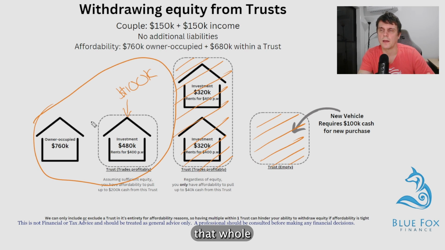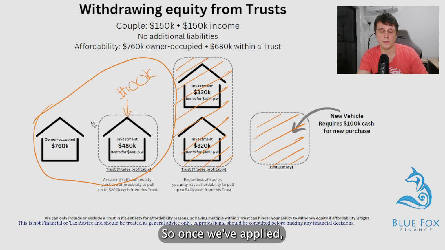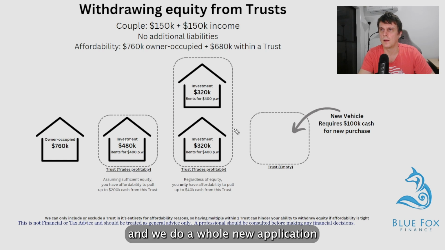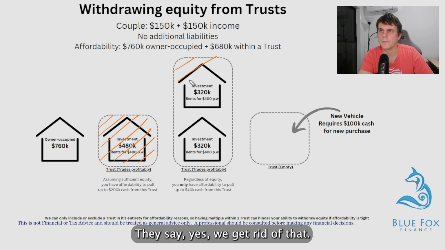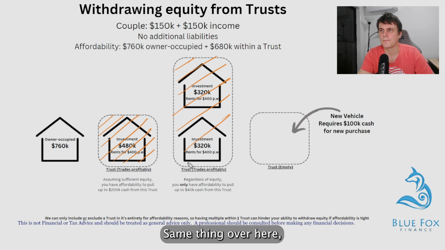And then once that whole transaction is complete, so once we've applied, we've been approved, we've settled it, once that's all finalized, then we go and we do a whole new application. And we ask our accountant, hey, we've just drawn $100,000 out. Are you happy that this is still profitable? They say yes, we get rid of that. Same thing over here.